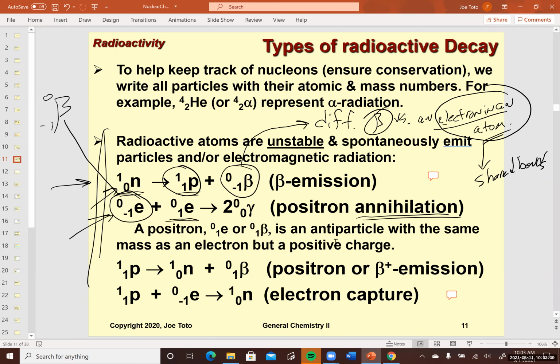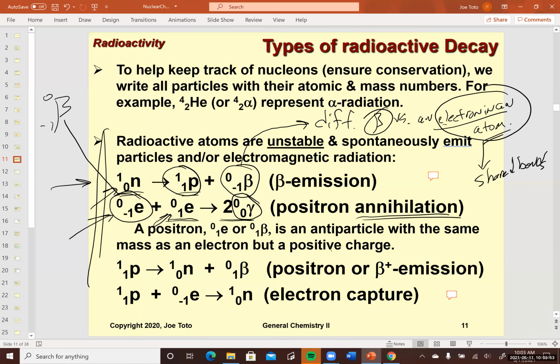It has the same mass as the electron, it just has the opposite charge. And so when a particle like an electron meets its antiparticle, the positron, they go up in a flash of light. And that's the symbol for the gamma particle that we talked about. So the gamma particle is light. It doesn't have any mass, and that's represented by the 2 zeros. Any questions so far?